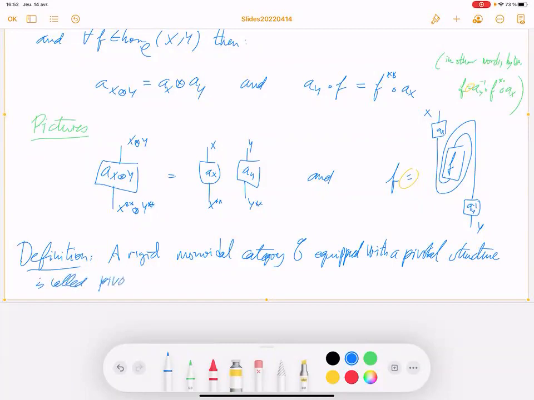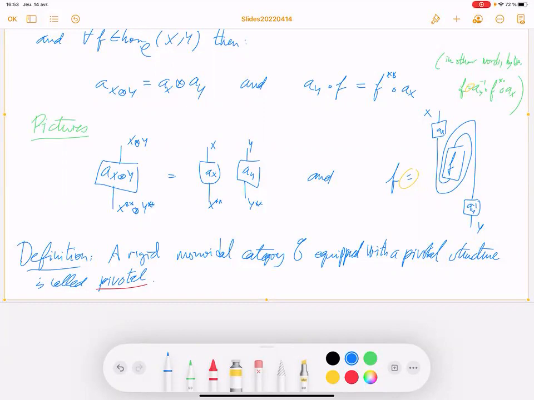So it's a pivotal rigid monoidal category. It's an open problem whether any fusion category admits a pivotal structure or something like that.